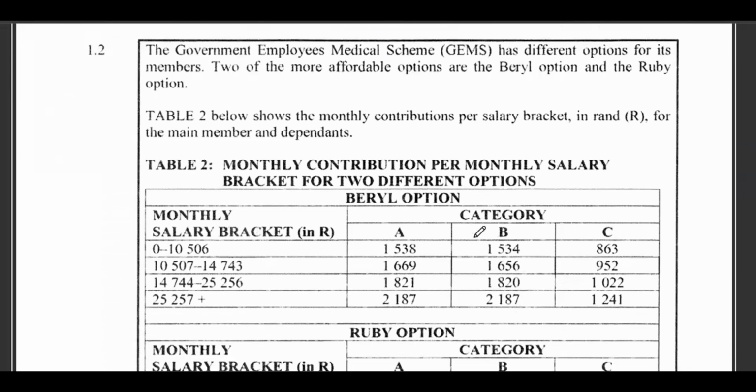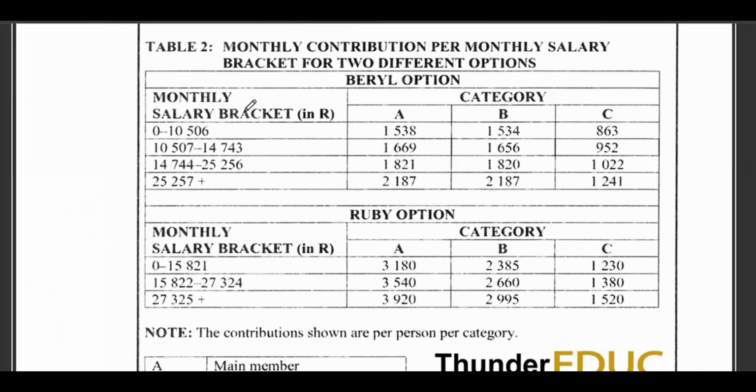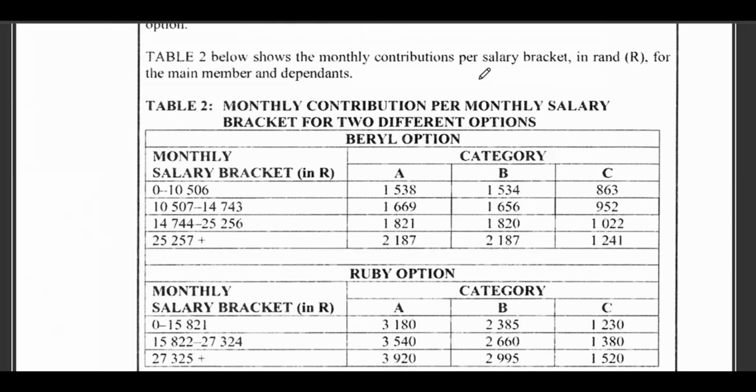1.2, the Government Employee Medical Scheme, the GEMS, has different options for its members. Two of the more affordable options are BL option and Ruby option. The table below shows the monthly contribution per salary bracket in rands for main member and dependents.